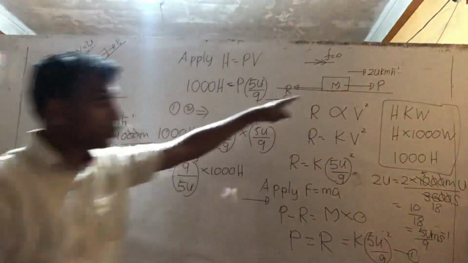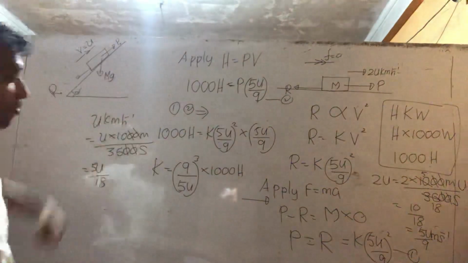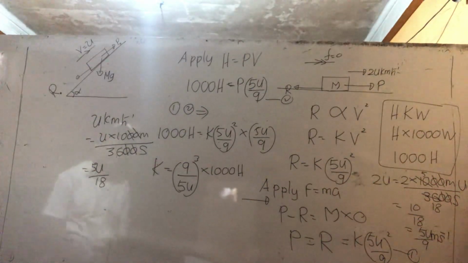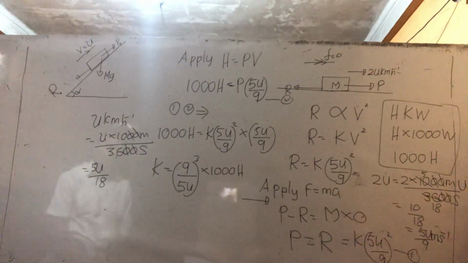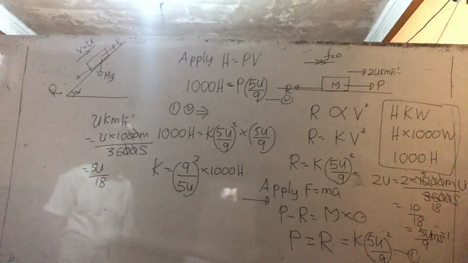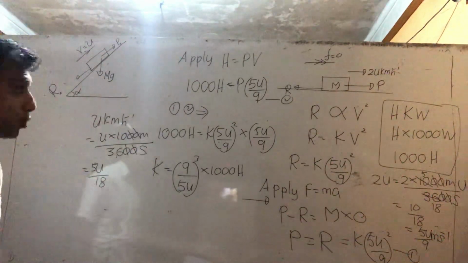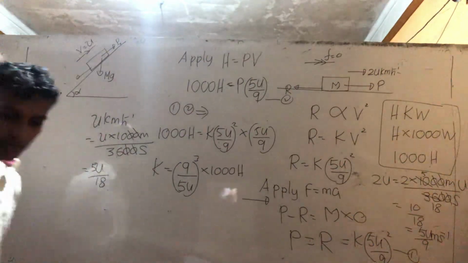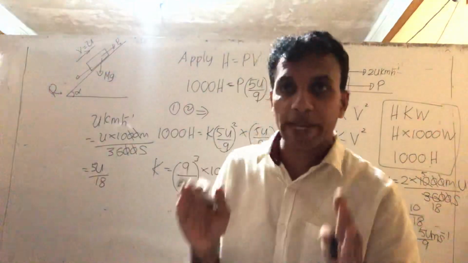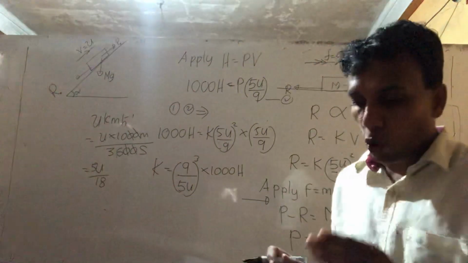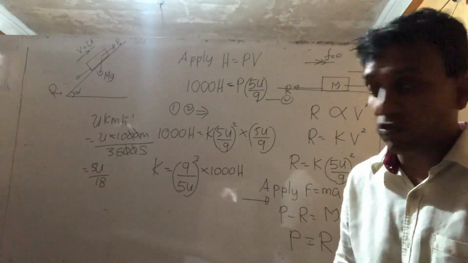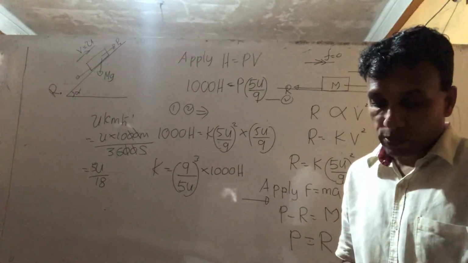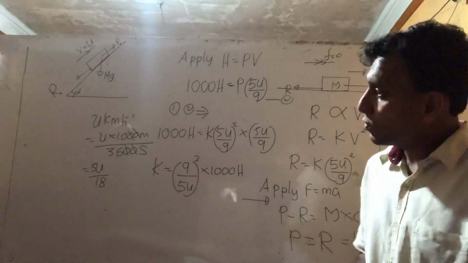Here they say 2u, but here u, right? 5u over 18 is the answer. So here also acceleration is 0, right? And we apply the question, show that capital H equals 20 over 63 mug sin alpha, but in kilowatts.